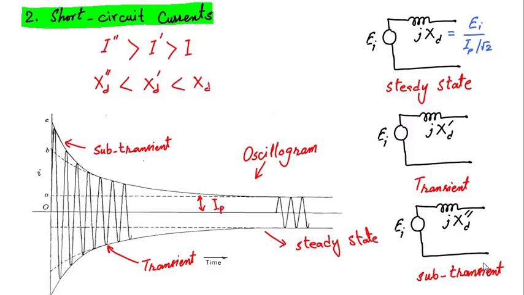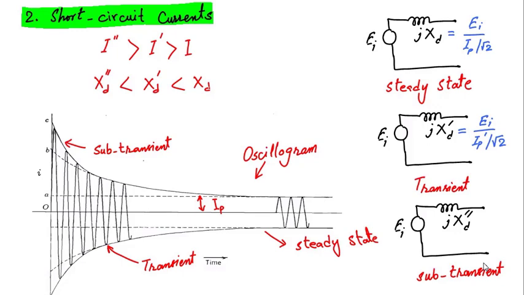So from the graph you can see this distance from origin O up to point B, where the envelope of transient current intercepts the vertical axis. This is known as the peak value of transient current. So by equation, transient reactance is equal to EI over IP divided by root 2.